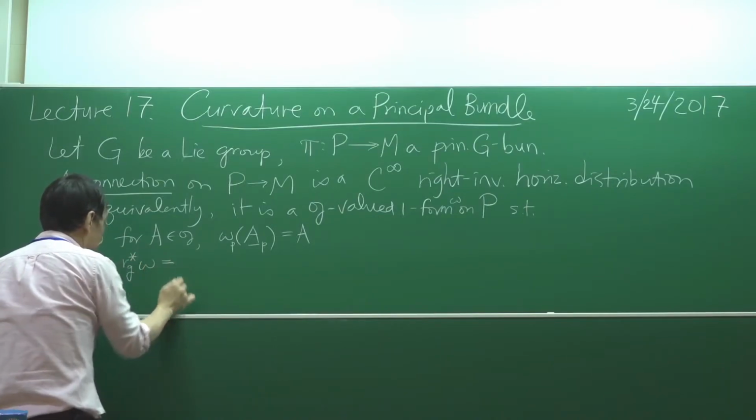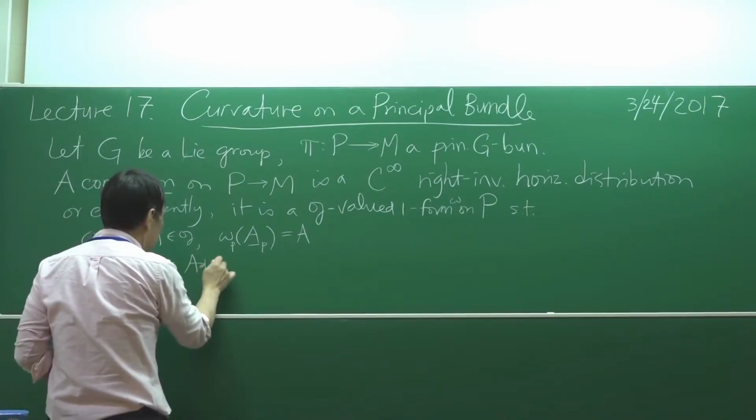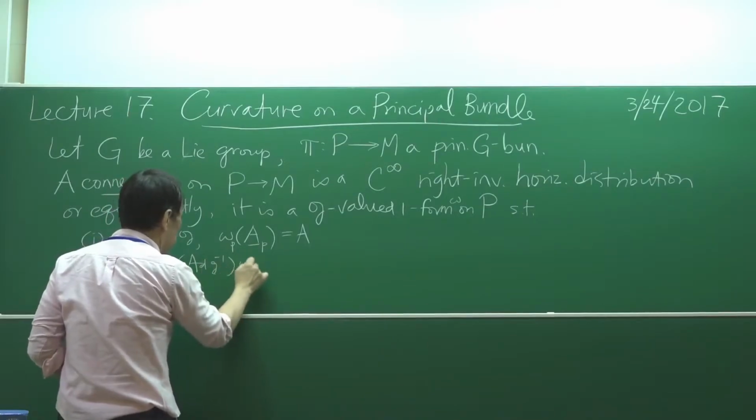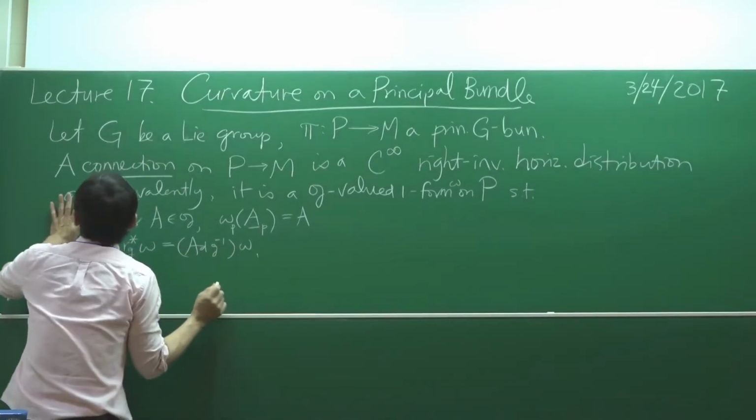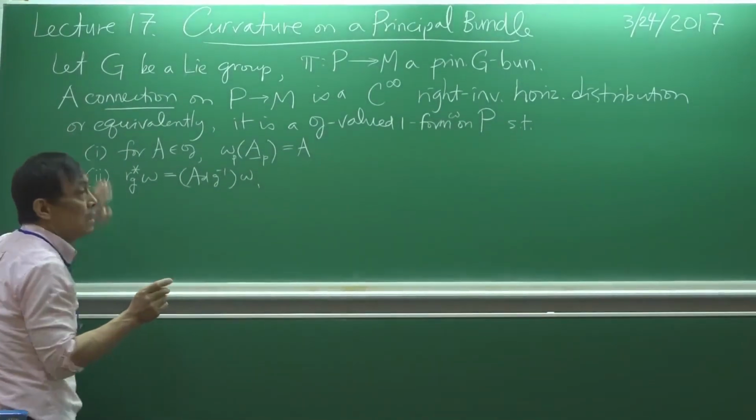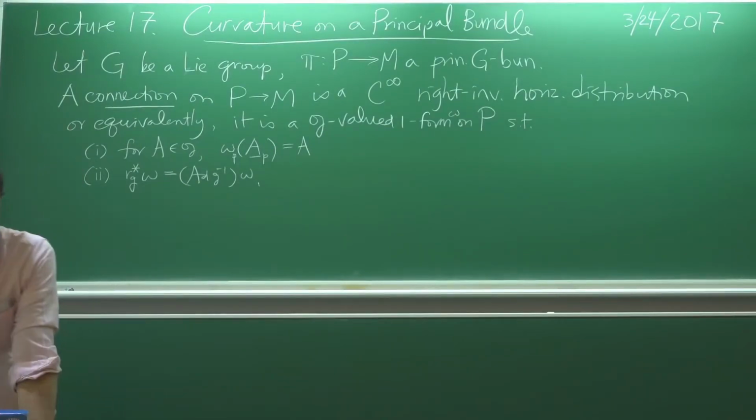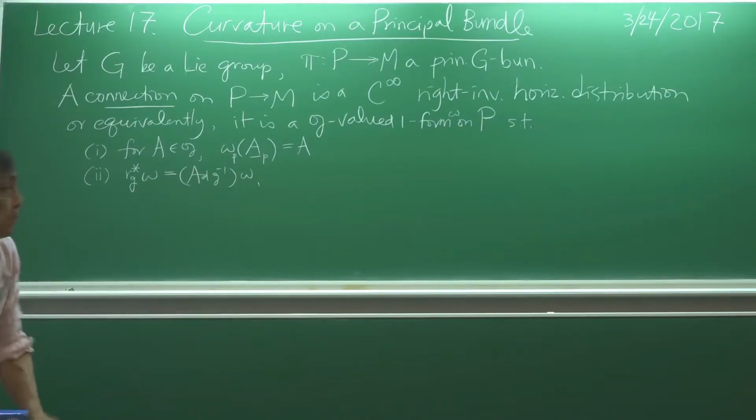So R_g star of omega is Ad g inverse omega. Okay? Okay, so last time we showed that these two characterizations of a connection are equivalent. And now I want to give an example of a connection on the product bundle.